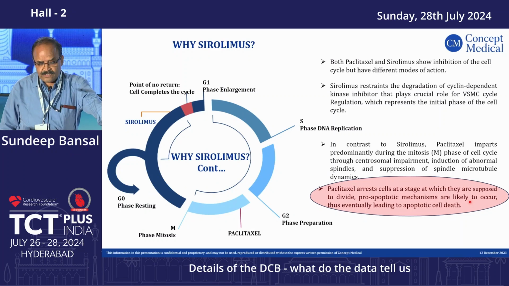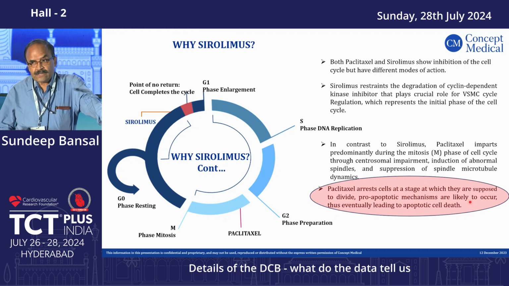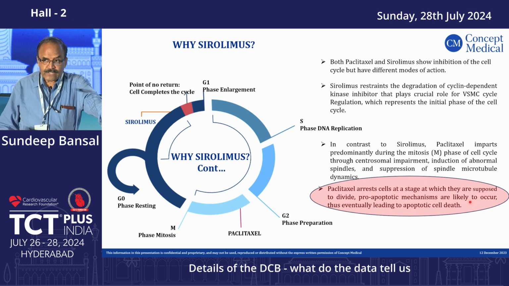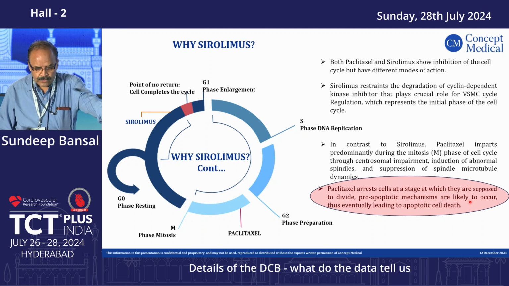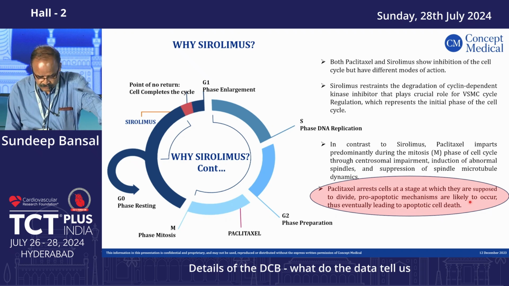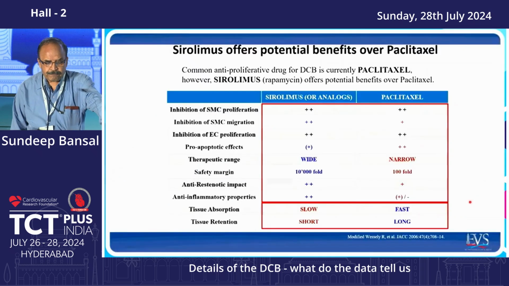Paclitaxel arrests the cells at a stage when they are about to divide, and so there are active pro-apoptotic mechanisms which can eventually lead to apoptotic cell death. And that is why the cytotoxic effects of paclitaxel are there.